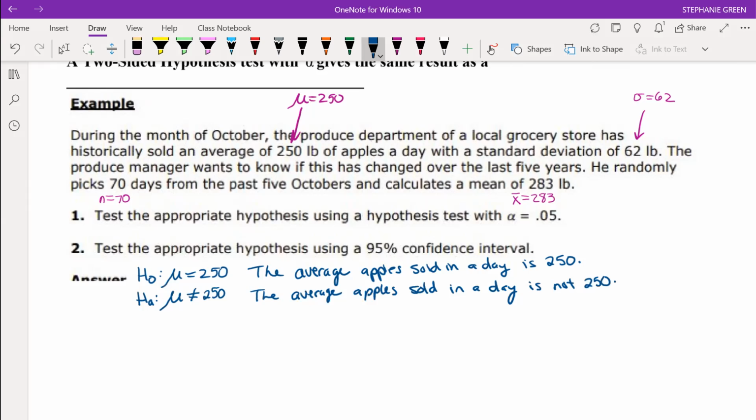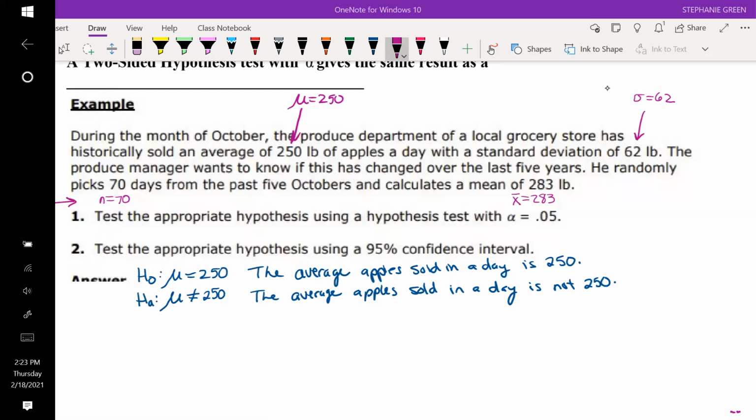Okay, and then we state what type of test we're going to do. Does this say that this is normally distributed? It does not explicitly say that this has a normal distribution. So how could I say for certain? Well, n is 70. If we have a reasonably large sample size, greater than 30, that should be enough to say that this is normally distributed.